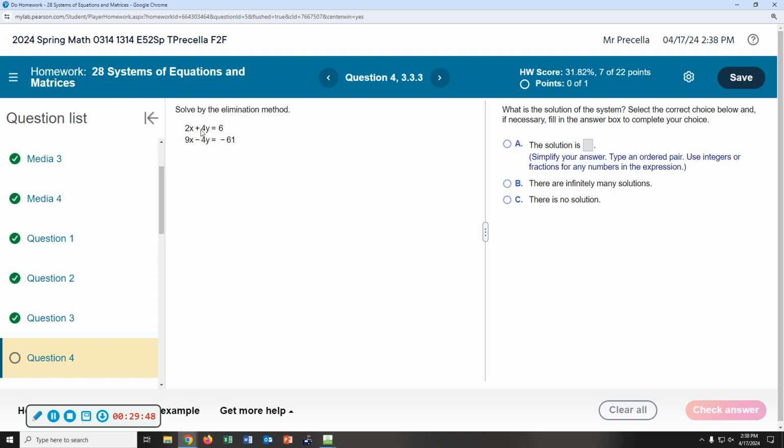Well, 9x minus 4y equals a negative 61. I guess they could solve for x by moving the 4y over and dividing by 2. And that wouldn't get you any fractions. You're right. But it would still be messy, whereas elimination just works so nice.